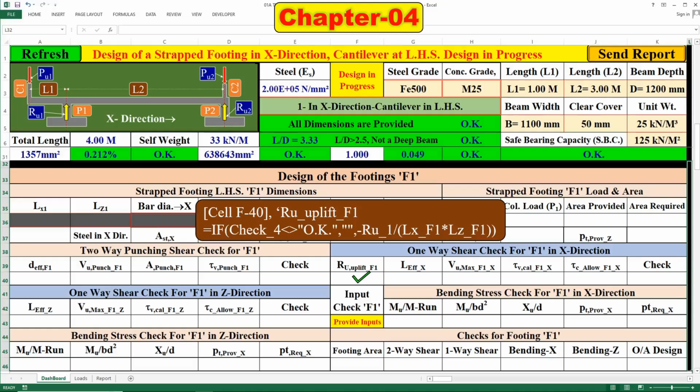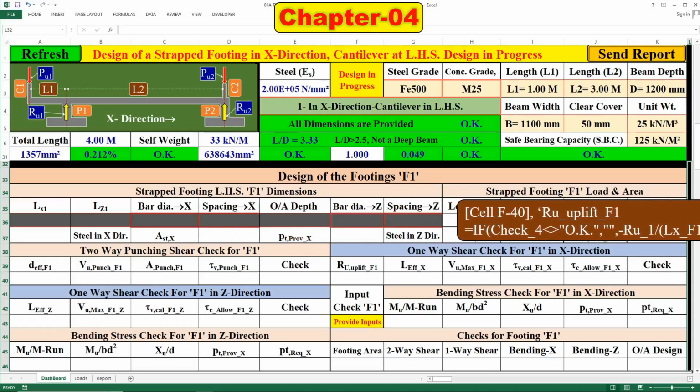If it finds _4 as a blank cell, this cell will remain blank. Otherwise, it will calculate the value of RU_F1 simply by dividing negative RU_1 by the multiplied value of LX_F1 and L_Z_F1. Here, the multiplied value of LX_F1 and L_Z_F1 is simply the area of pad footing F1.